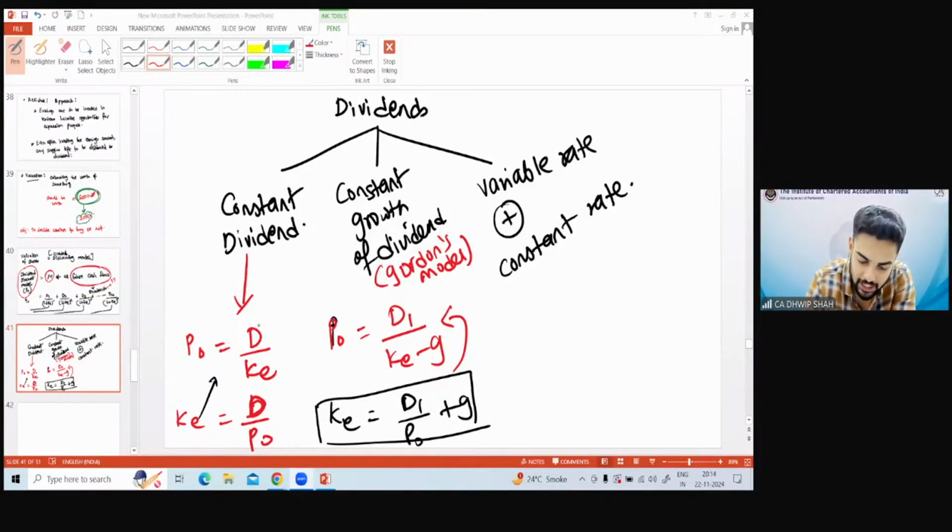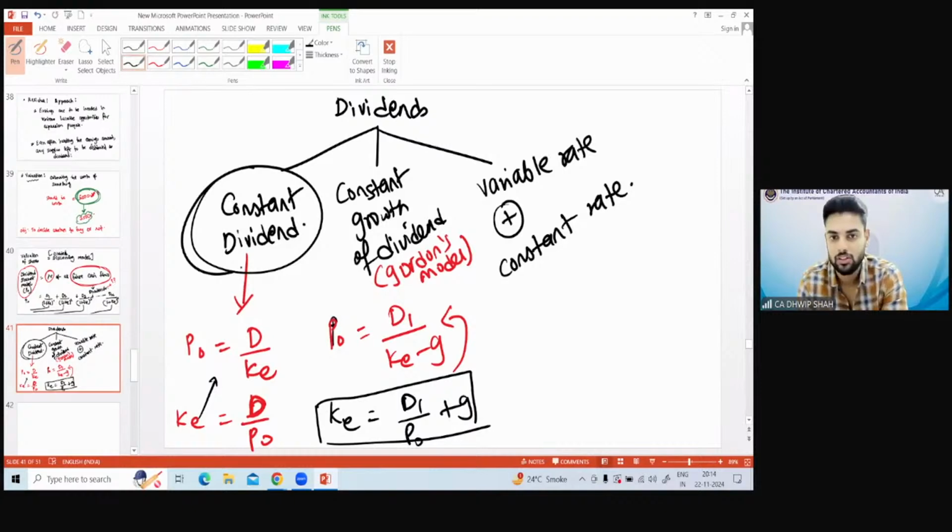What is the assumption? That dividend remains constant every year. Under the constant dividend model approach, there are certain assumptions that D remains constant, KE remains constant, life of the firm is infinite, meaning perpetual succession. Under Gordon's model, the assumption is KE should remain constant, G should remain constant, KE should always be greater than G, and perpetual succession.